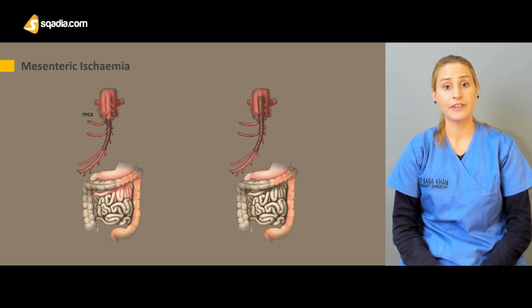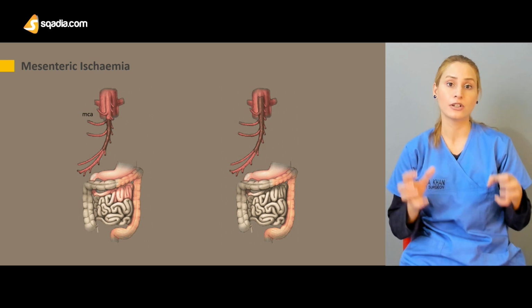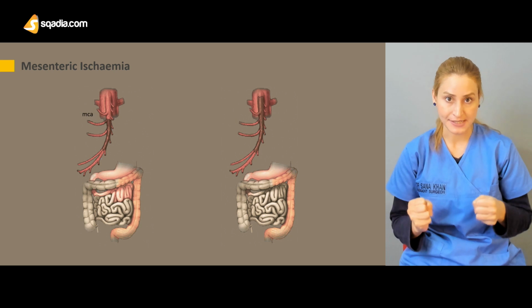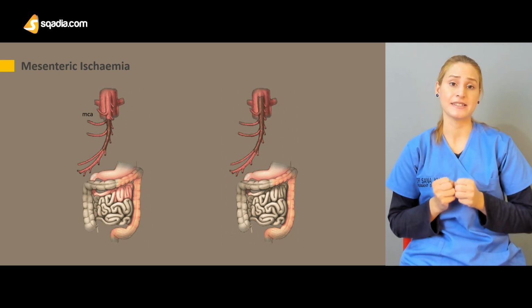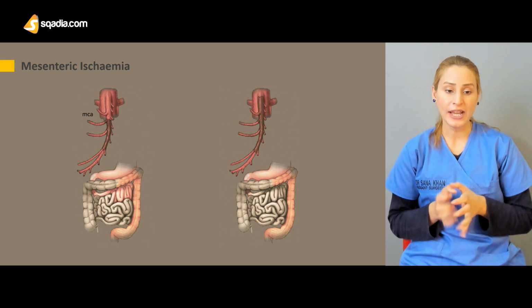So that's why it's very important to recognize acute mesenteric ischemia early. Why is this important?